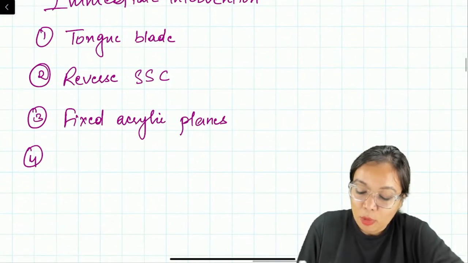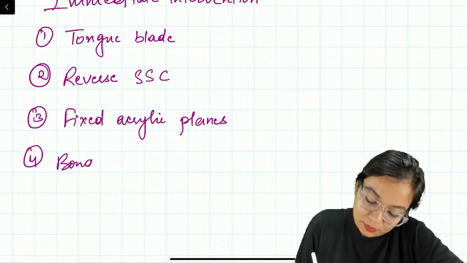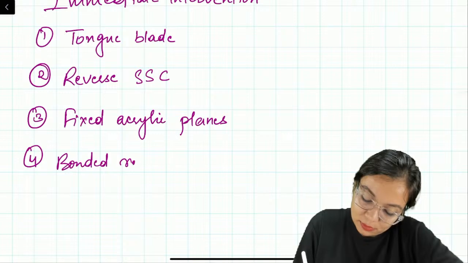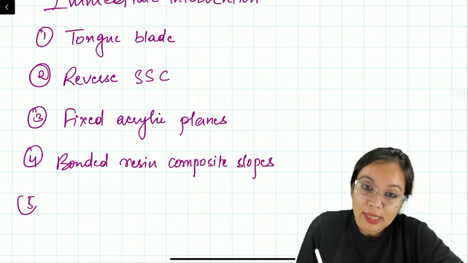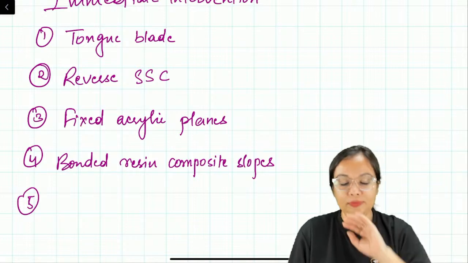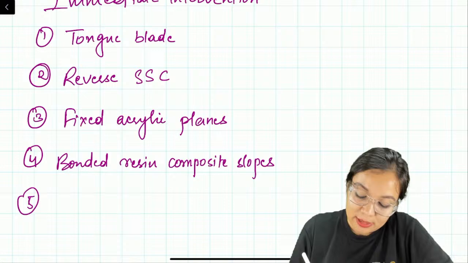Then there can be bonded resin composite slopes. And then there are removable acrylic appliances incorporating Z springs.